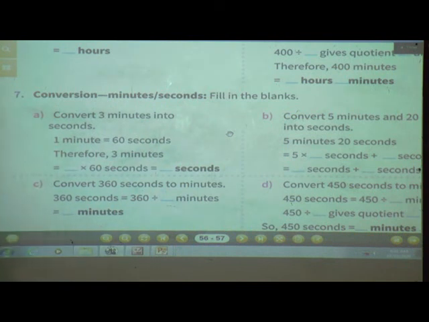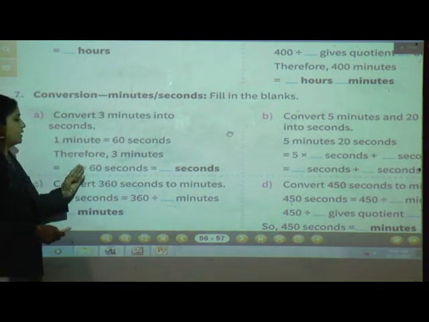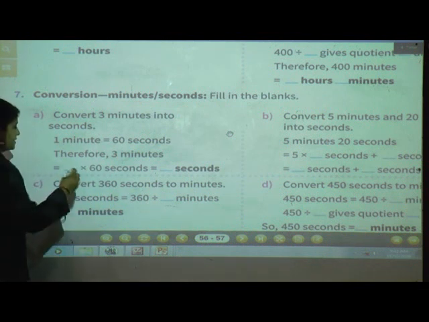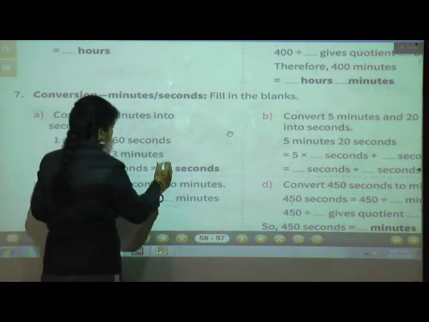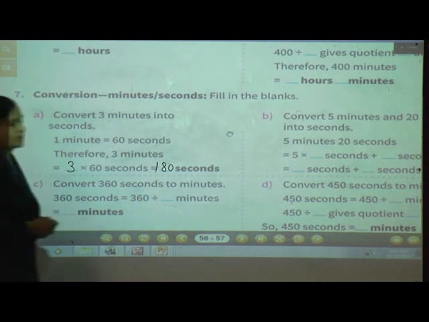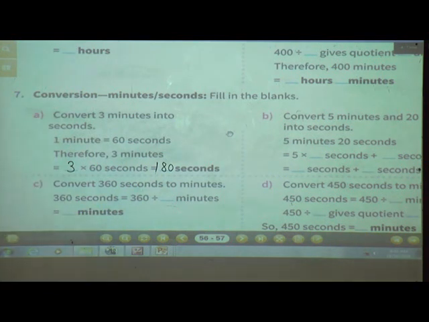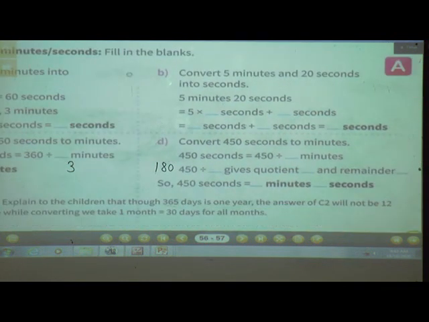So for 3 minutes just multiply 3 by 60. Now tell me the multiplication. 60 multiplied by 3, 180. Okay, 180 seconds.